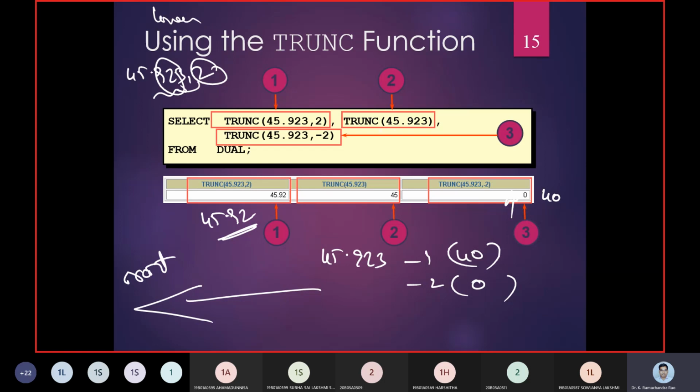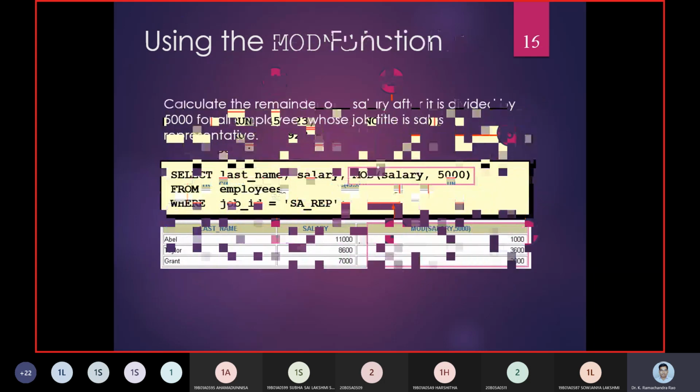And 45.923 with 0 is towards the lower end. So that is the reason why we got 45.